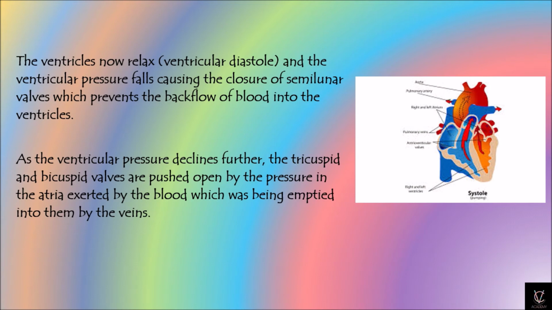So when ventricular diastole occurs and the ventricular pressure declines, the tricuspid and bicuspid valves are pushed open, as the pressure is increased in the atria by the blood, which is emptied by the veins that bring the deoxygenated blood from various body parts to the heart.